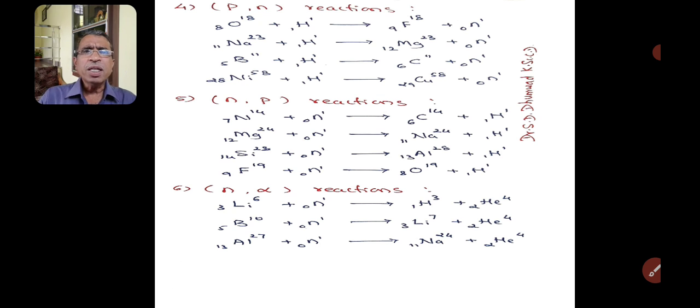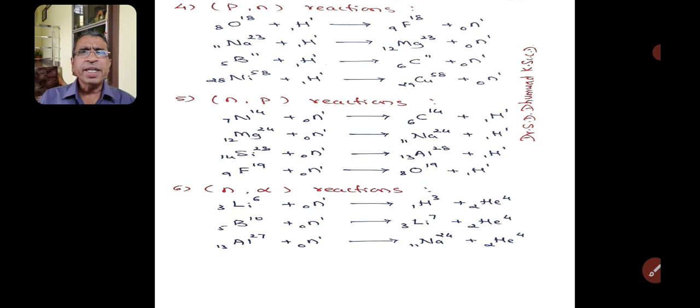The remaining 3 types which you have to remember are PN reactions, NP reactions and N-alpha reactions. Here also we have given various examples. In the case of PN reactions, the proton is the projectile and the neutron is the ejected particle.